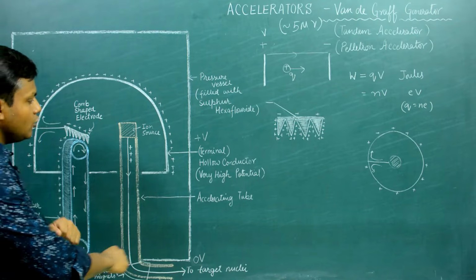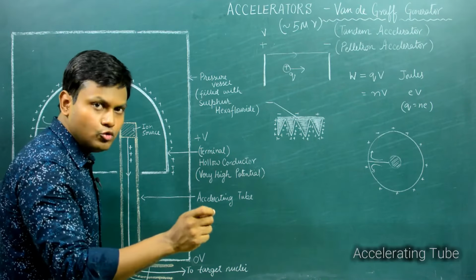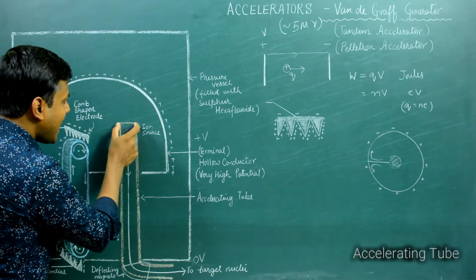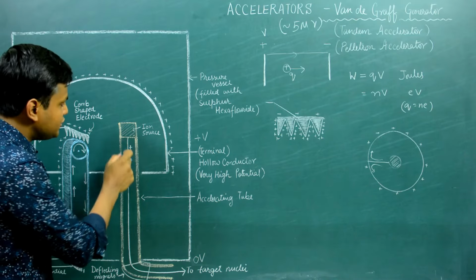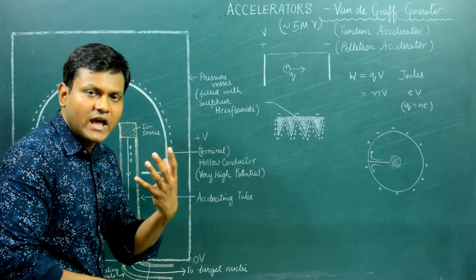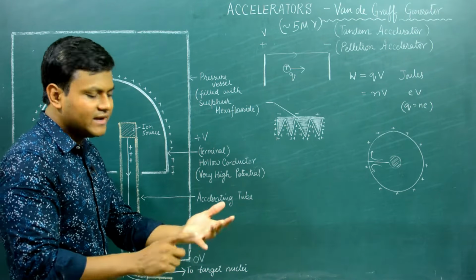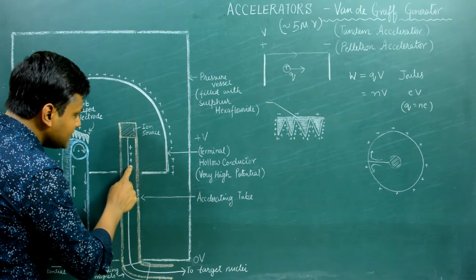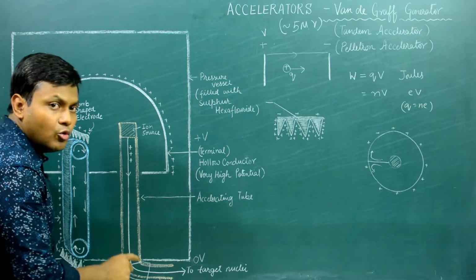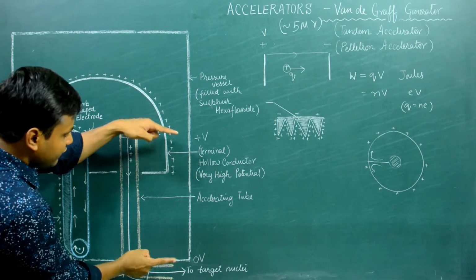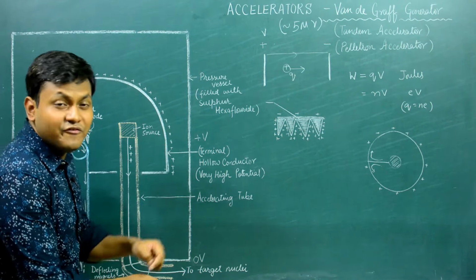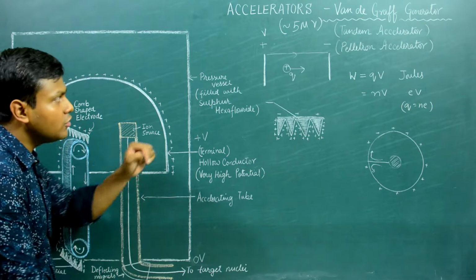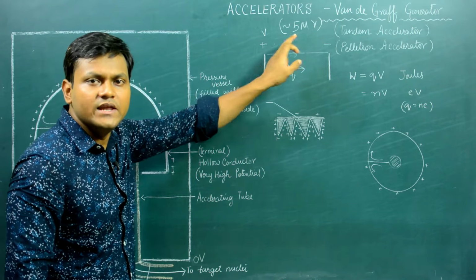So here we have this accelerating tube where there is an ion source initially, which is, let's suppose, emitting some kind of positively charged particle like an alpha particle or maybe a proton. The moment these positively charged particles are emitted, they are now present in the potential difference of plus V volts, which is of the order of, as I just now said, 5 million volts.